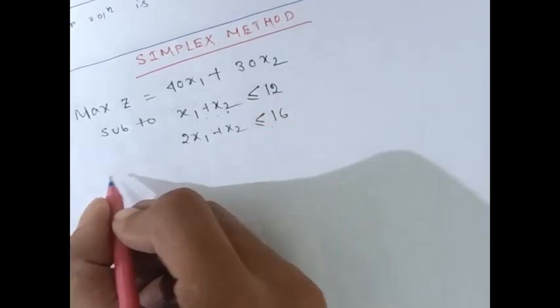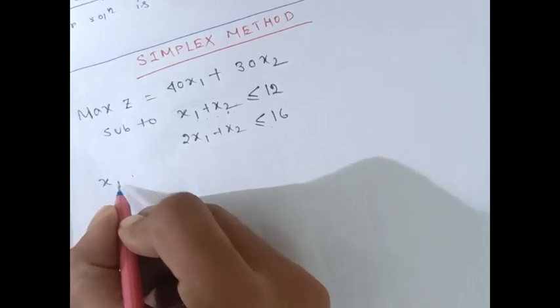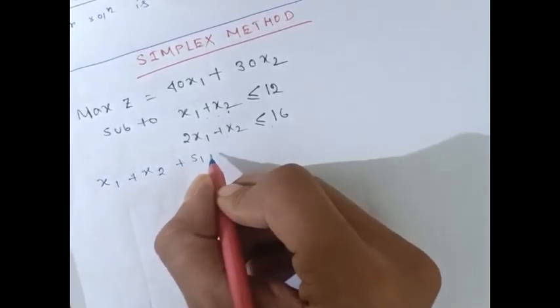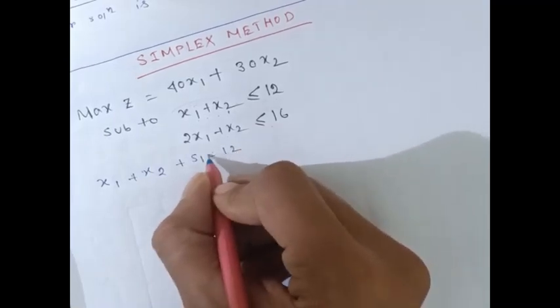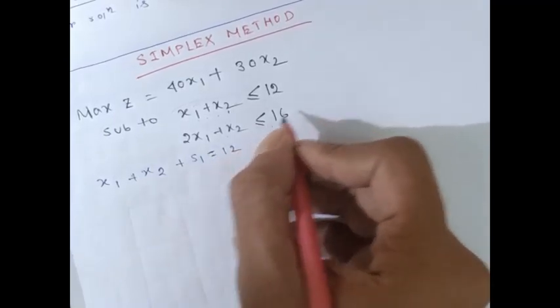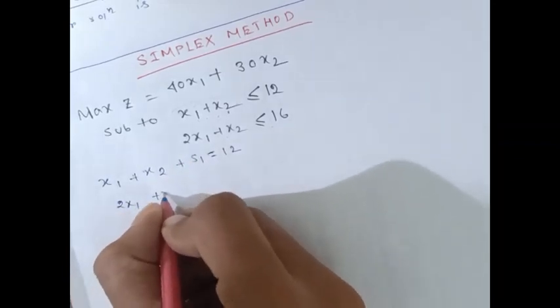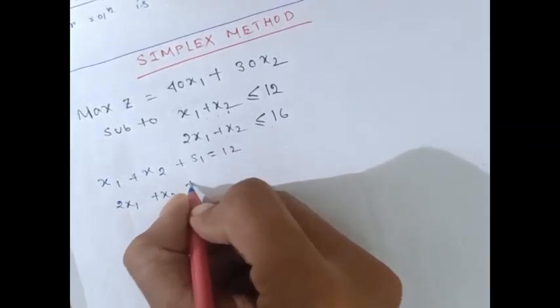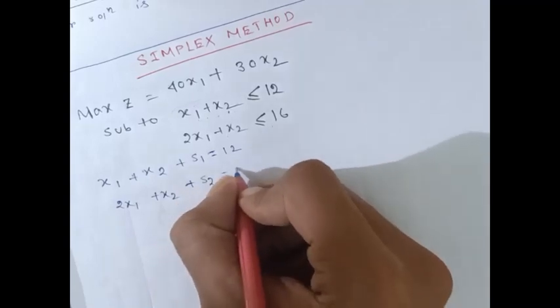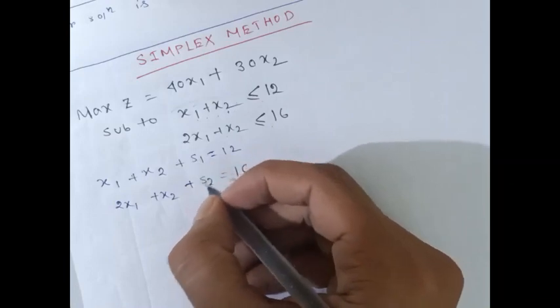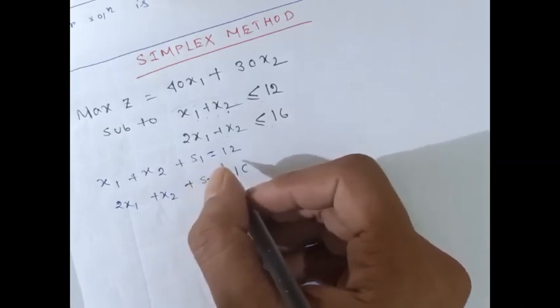So x1 plus x2 plus s1 is equal to 12, right? And here also, 2x1 plus x2 plus s2 is equal to 16. So these s1 and s2 are called slack variables.